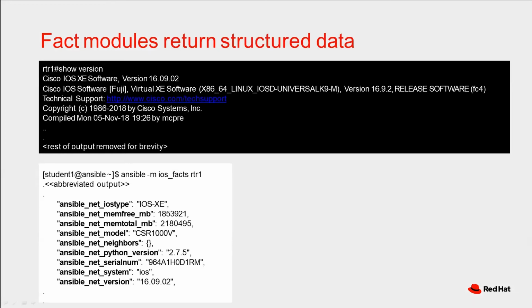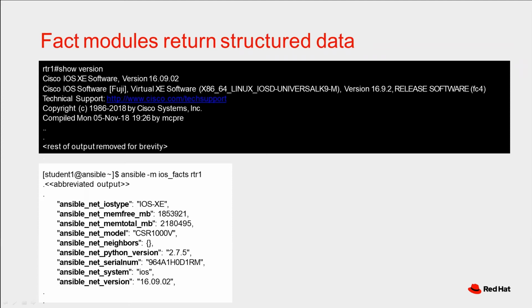And so what the facts modules do is they return information about the router or network device. They return it within a structured data format. And so just some of the examples here, we have all these normalized variables, so we can use the same variable type in our playbooks without regard to what the actual thing is called within that system. So it just normalizes our data for us.